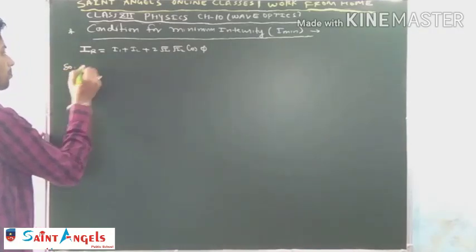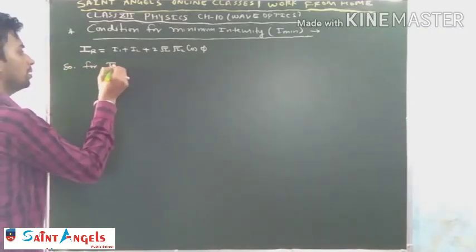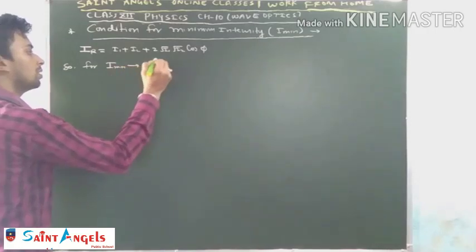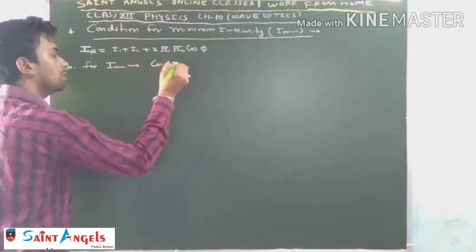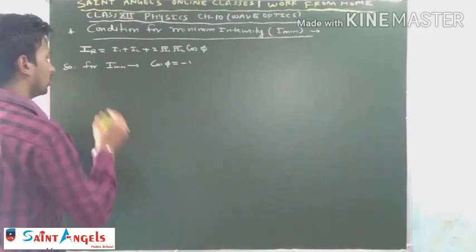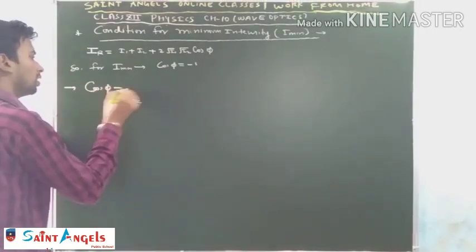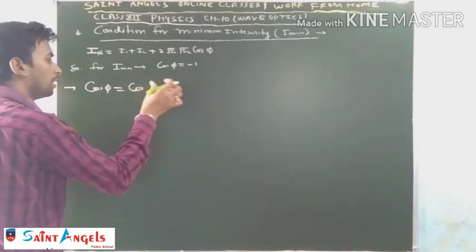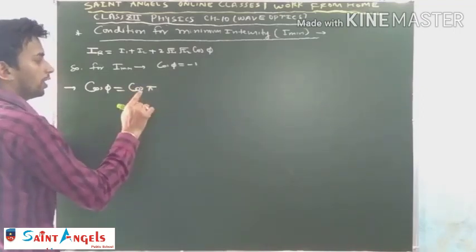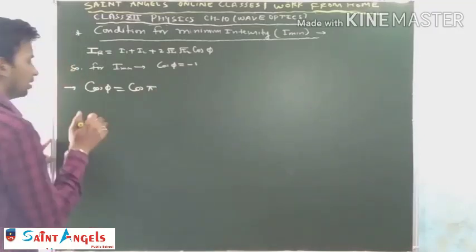So for minimum intensity cos phi must be equal to -1. It means cos phi equals cos pi. The value of cos pi is equal to -1.